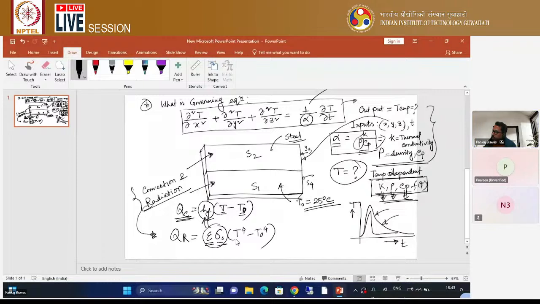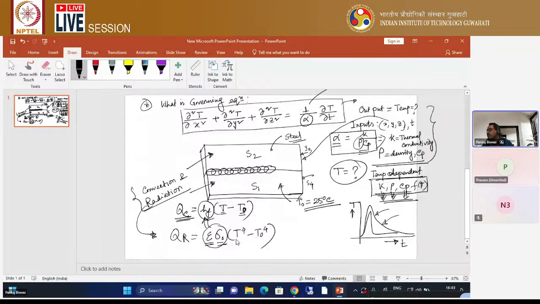You are doing welding, correct? So welding means there will be some heat source that moves continuously along the weld line. Now this heat source modeling is the most important part in welding simulation.